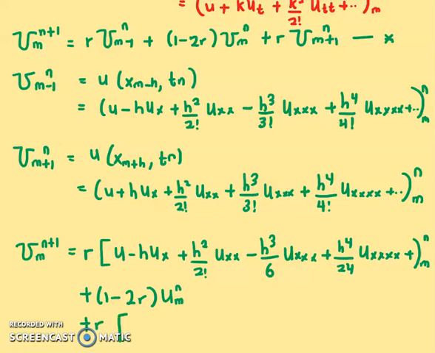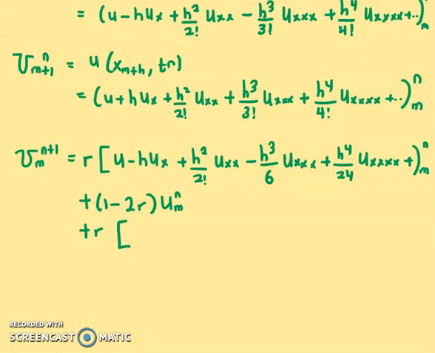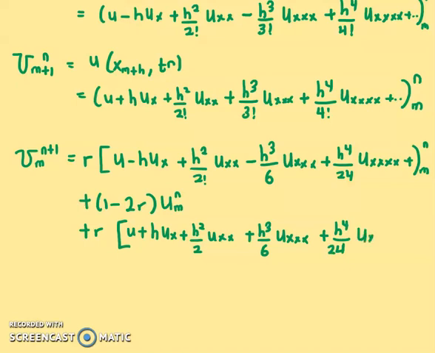What is u_(m+1)^n? It is the Taylor series expansion for this one. So I have u plus h u_x plus h squared over 2 u_xx plus h cubed over 6 u_xxx plus h to the 4 over 24 u_xxxx, where 4 factorial is 24.